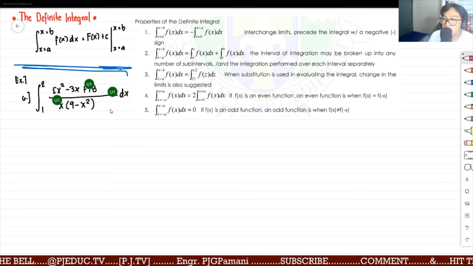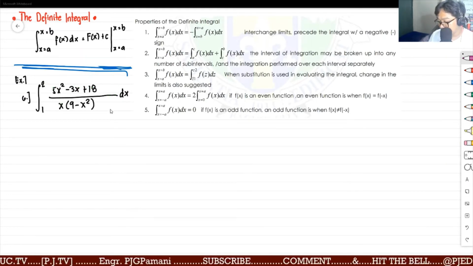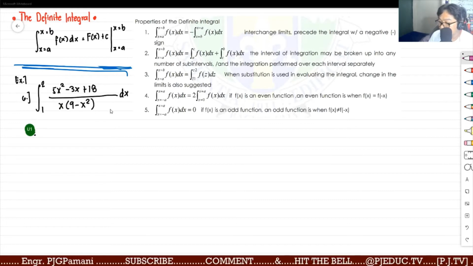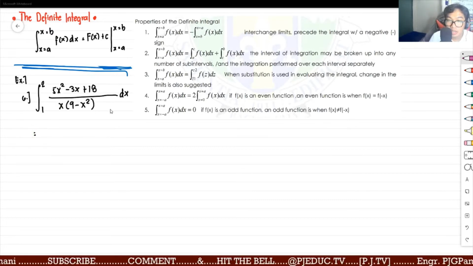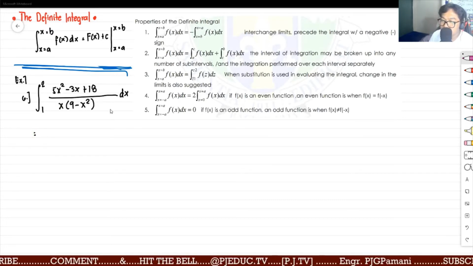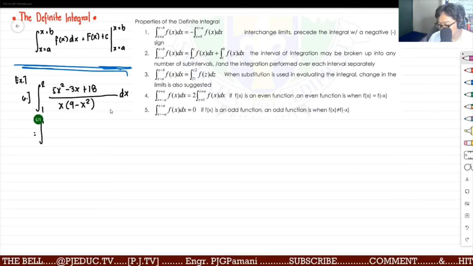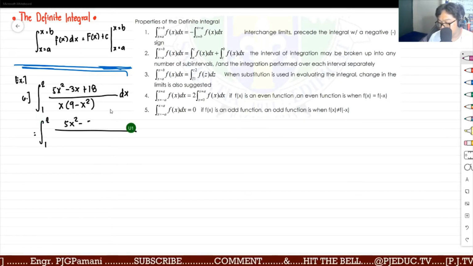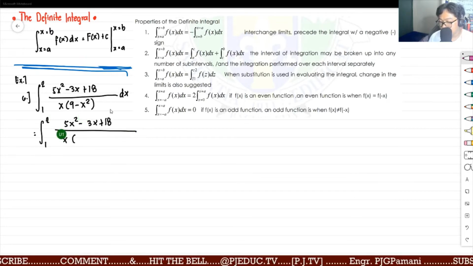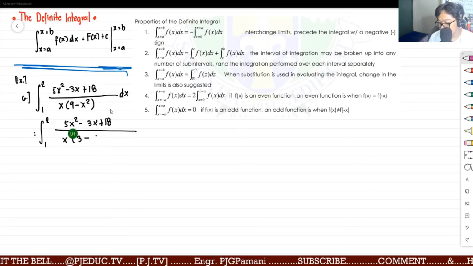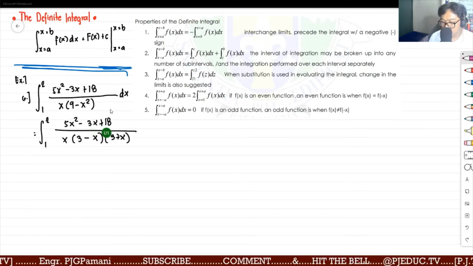Given that the exponents are equal, the denominator can be factored out. So that is 5x squared minus 3x plus 18 over x times, the same as completing the square, 3 minus x times 3 plus x dx.